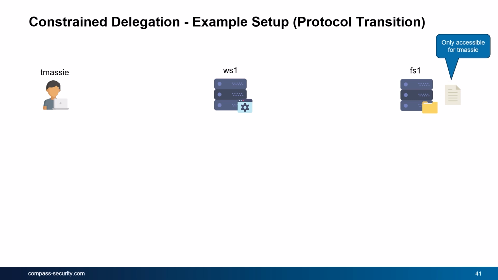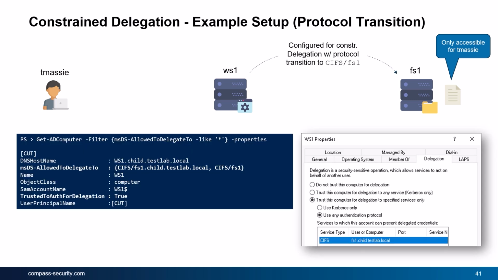Then we have the constrained delegation with protocol transition in place, specifically for WS1, which is enabled to delegate towards FS1. So for WS1, we have set the trust this computer for delegation to specified services only property with CIFS on FS1 as an allowed target.